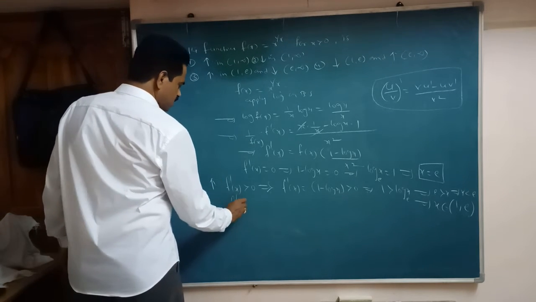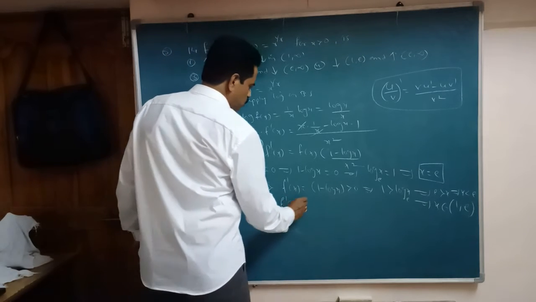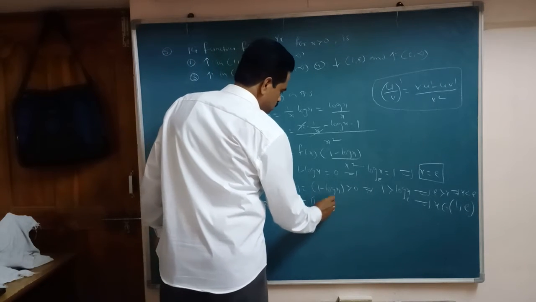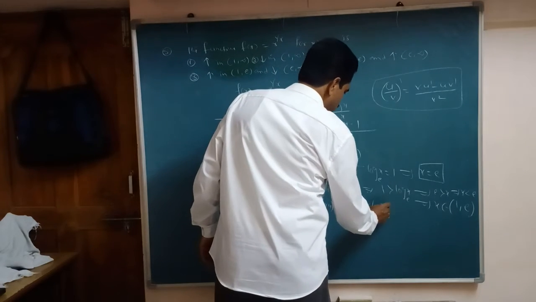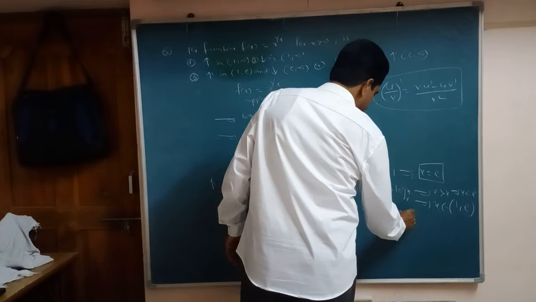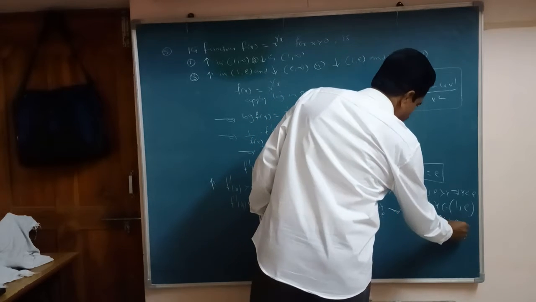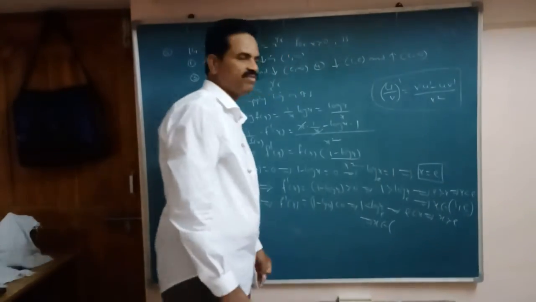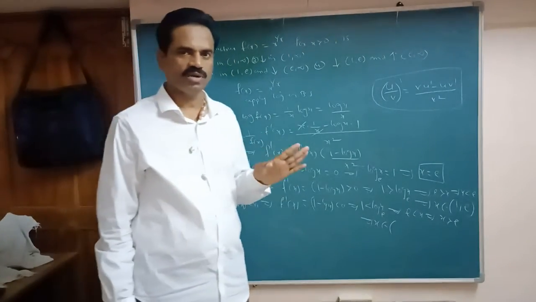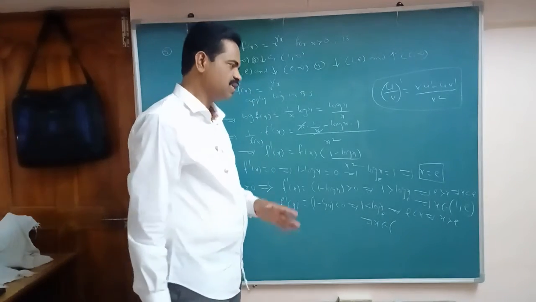Decreasing means f dash x less than 0. So f dash x, 1 minus log x less than 0. That is 1 less than log x to the base e, so e less than x. That is x greater than e. So x belongs to, log takes only positive values, so x greater than e means up to infinity.